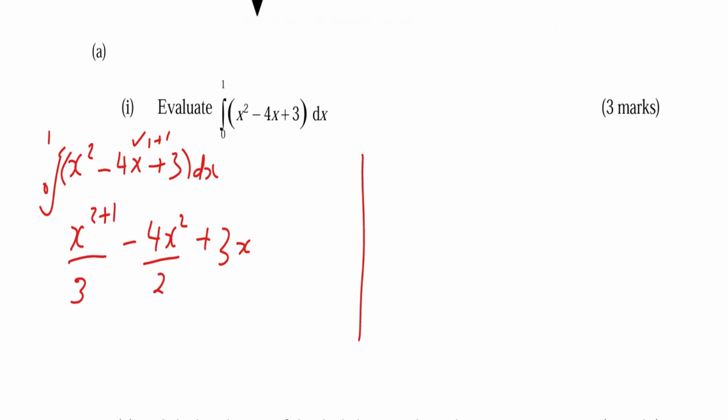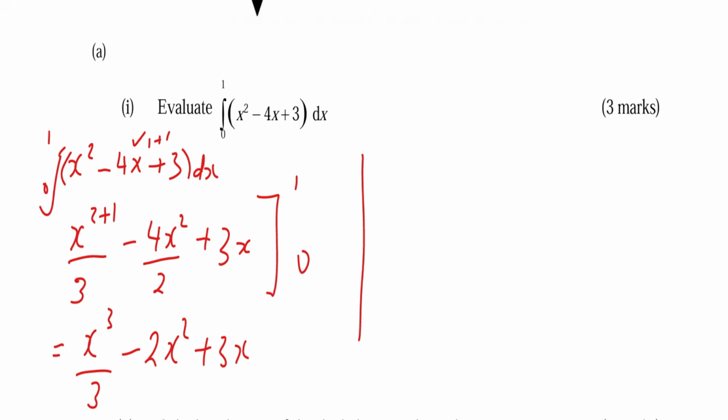So something like this. Now if you integrate this one, it gives you x cubed divided by 3 minus 2x squared plus 3x. Now I'm not writing plus c. If you want, you can write plus c, but the c cancels out at the end of the day.